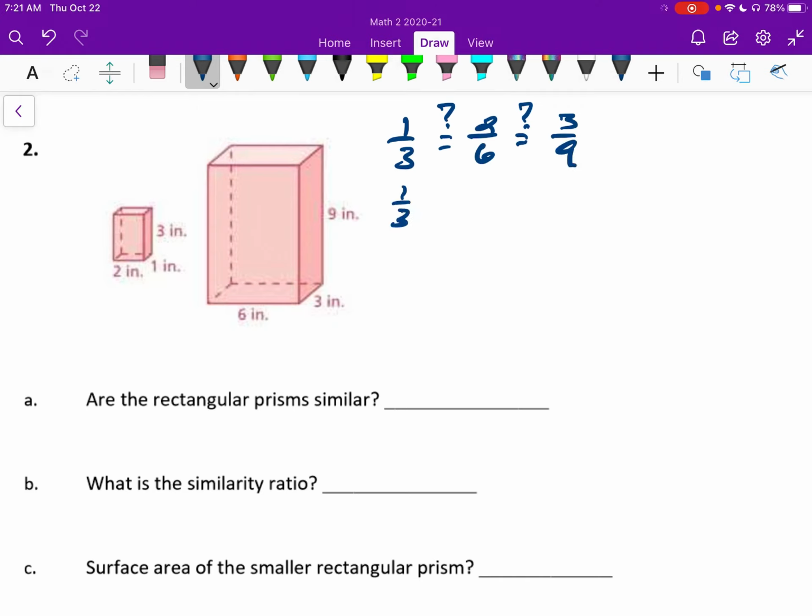Well, 1/3 is 1/3 is 1/3. So yes, we're good. We can say the rectangular prisms are similar. What is the similarity ratio? To get the similarity ratio, we look back up at our 1/3. So it's going to be 1 over 3 or 1 to 3.